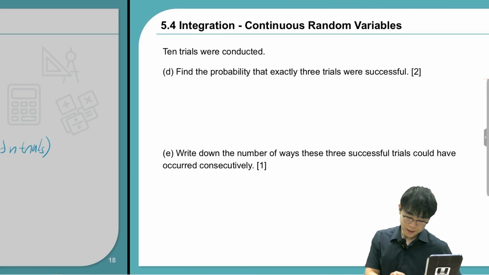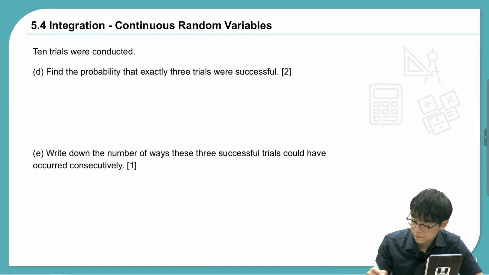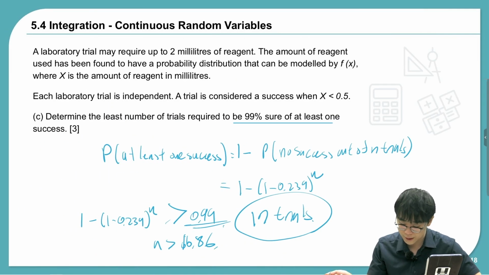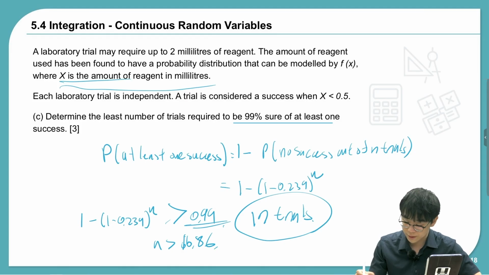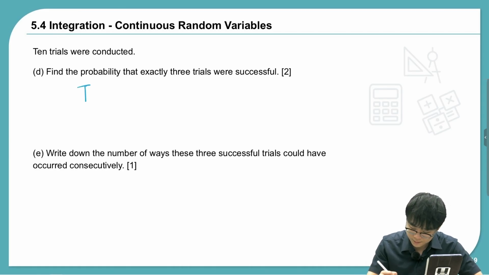Okay. Now let's go to part D. The probability that exactly 3 trials are successful. As I've said earlier, this is a binomial distribution. So if you let x be the number of reagent in milliliters, and we have a trial that's considered a success, let's call this t.